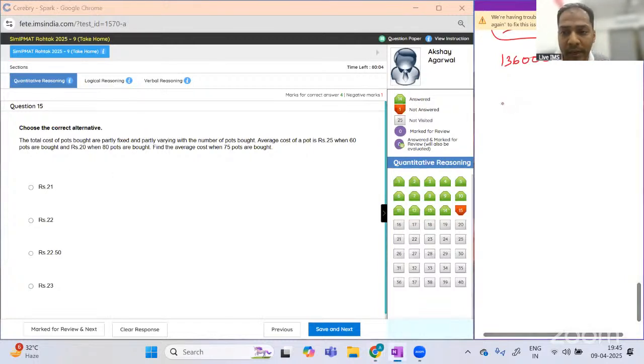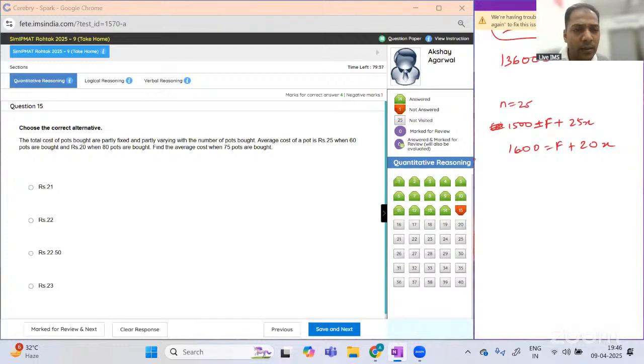So when n is 60, the total cost is 25 into 60, which is 1,500. 1,500 is equal to fixed plus 60x, and for 80, 1,600 is equal to fixed plus 80x. Find the average cost when 75 pots are bought.